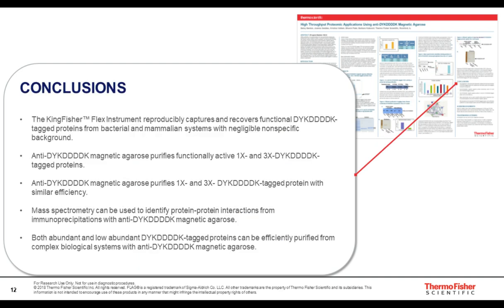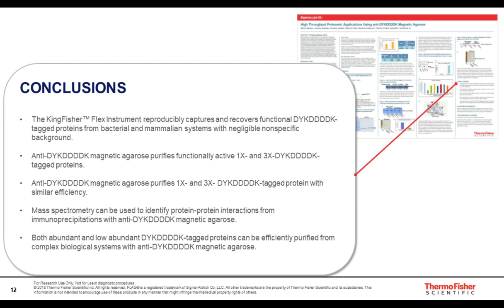In conclusion, the Pierce anti-flag magnetic agarose purifies biologically active flag-tagged proteins with negligible nonspecific background. Both the 1X and 3X flag-tagged proteins are purified with similar efficiency.